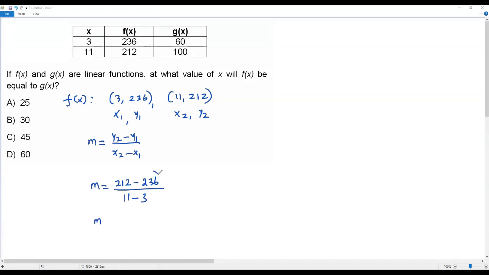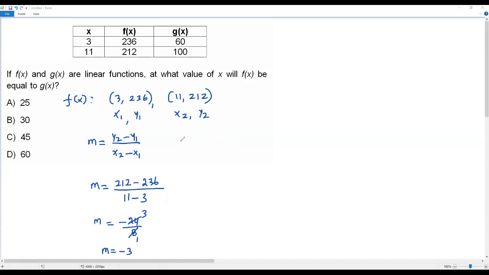When I simplify 212 minus 236, I am getting negative 24. In the denominator, 11 minus 3 is 8. So 8 goes into 8 one time and 8 goes into 24 3 times. So the slope of the linear function f of x is negative 3.